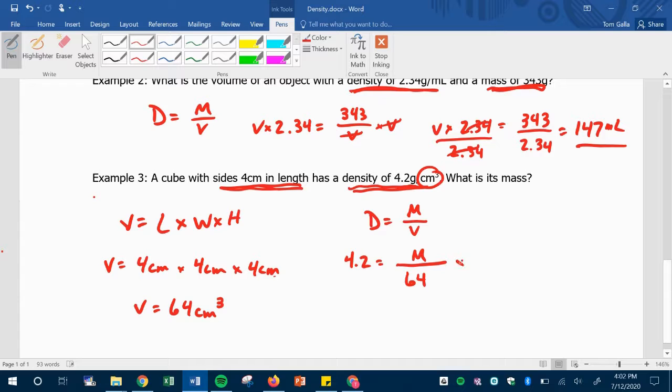And so in this case, we're going to multiply both sides by our 64. And so that means that our 64s cancel out on the right side, and our mass ends up being equal to 64 times 4.2, which, when we plug it into our calculator, we should get a mass of 269 grams.